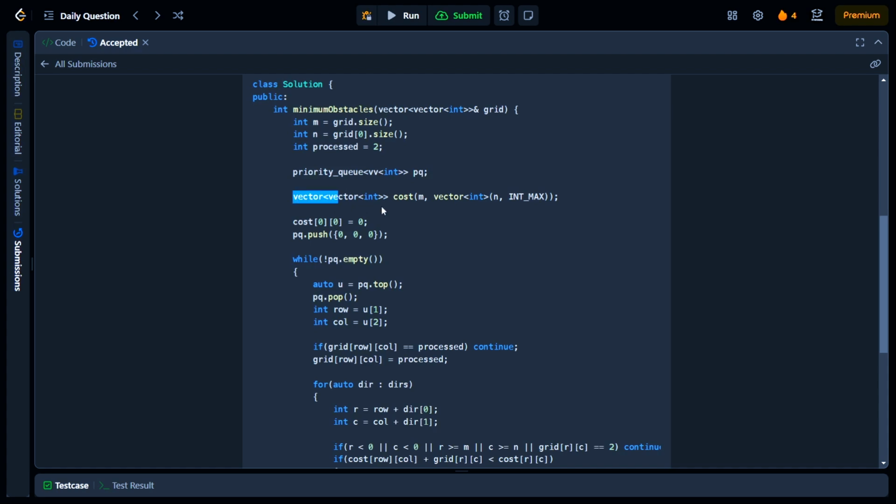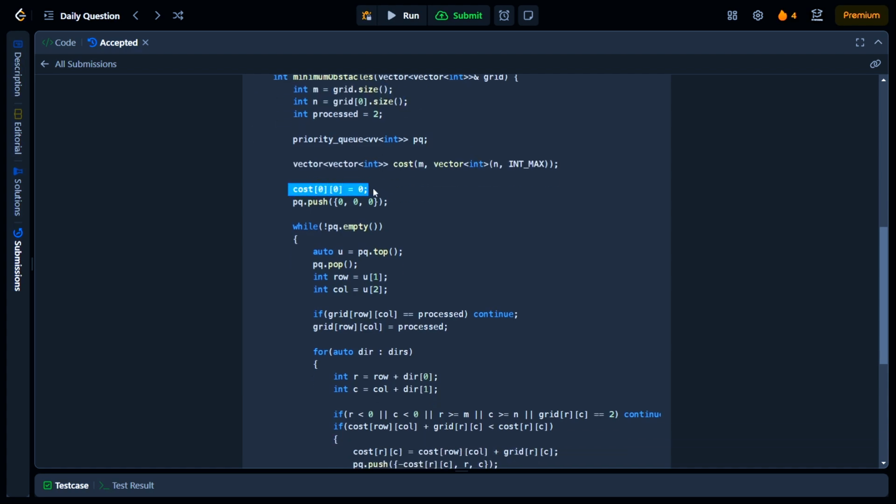Then we have the cost matrix, the cost grid of the same dimension as our grid. The cost of cell 0, 0 is 0. Then we push into our max heap, it's actually going to be a min heap, the distance to cell 0, 0. These two are the row and column of this cell.